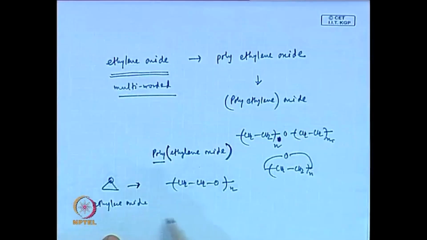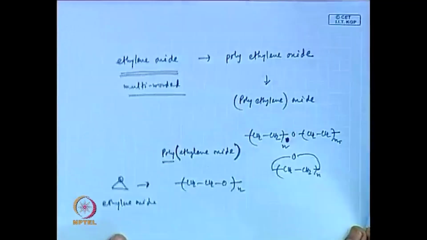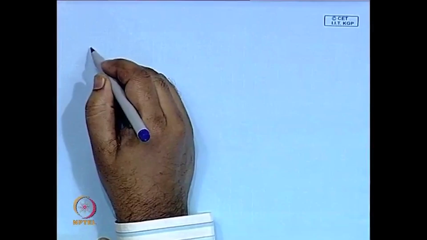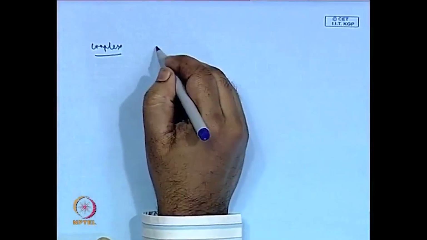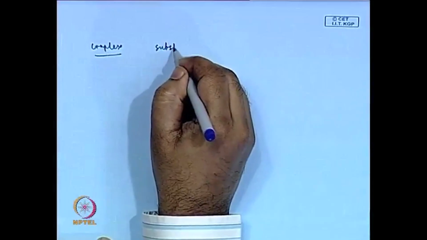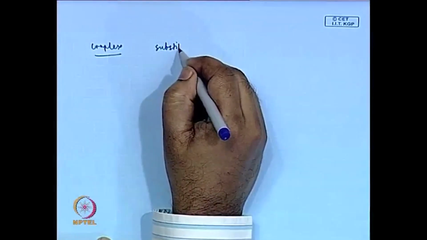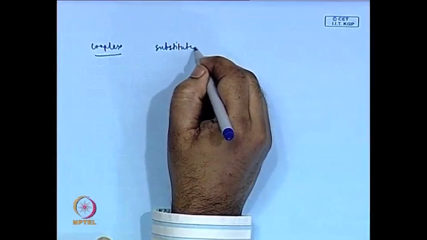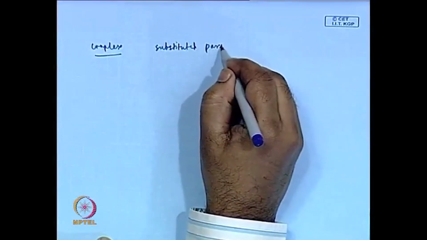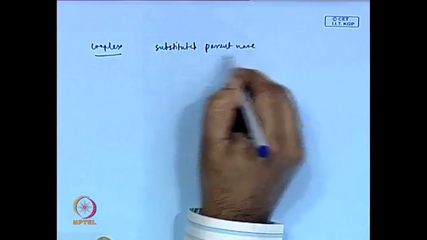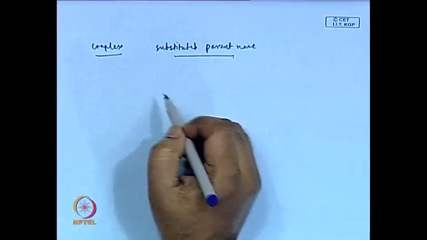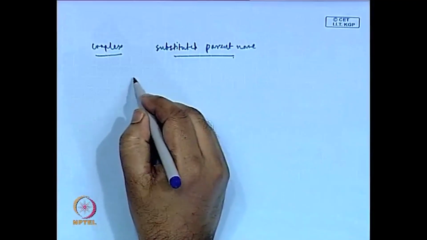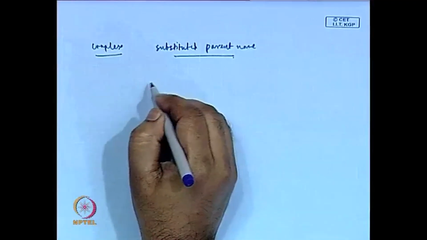Some other examples we can give. If the monomer is very complex, or it has a substituted parent name, then also you have to put a bracket before you prefix the term poly.